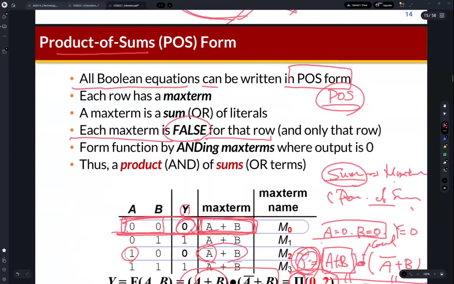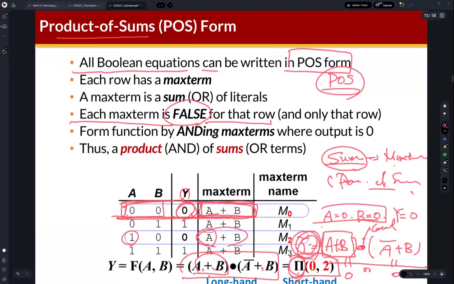But when we make the POS form, you need to understand that. So firstly, we need to select the max terms that can make Y 0, output 0, and then these max terms are selected for making the sum.